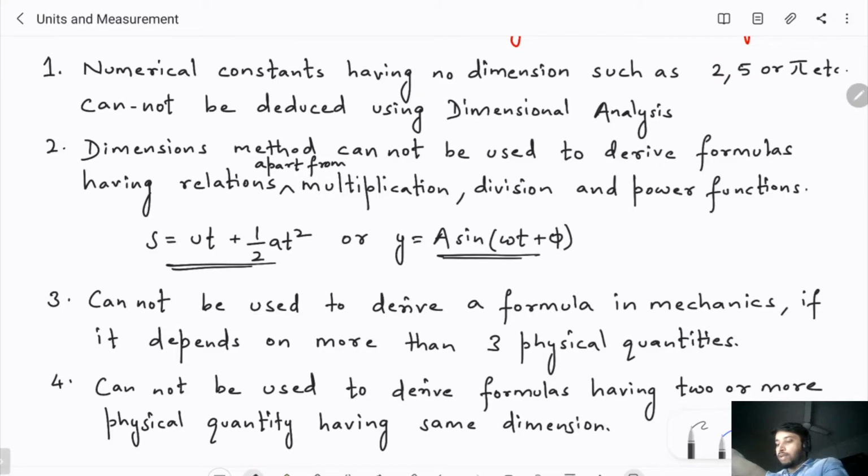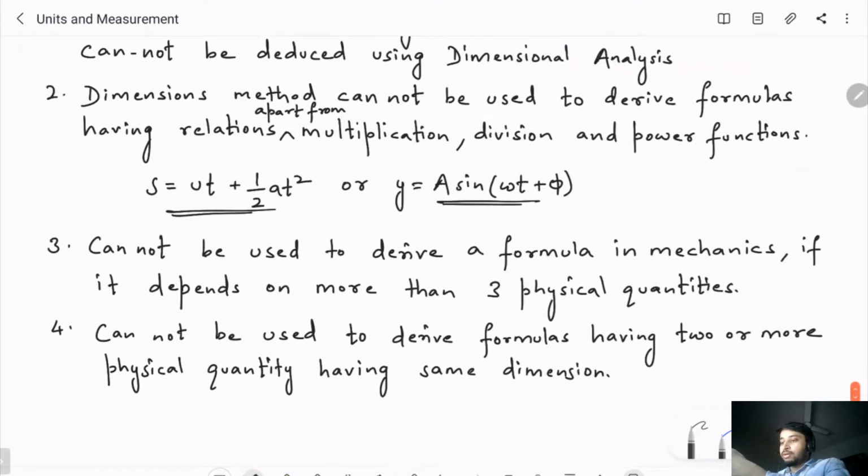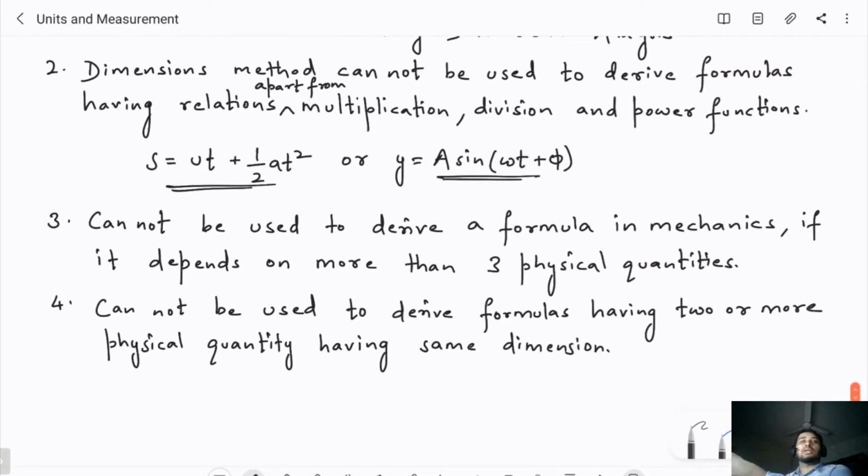For example, length and breadth have the same dimension.